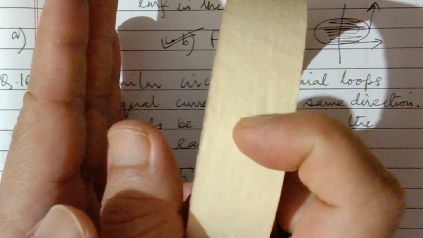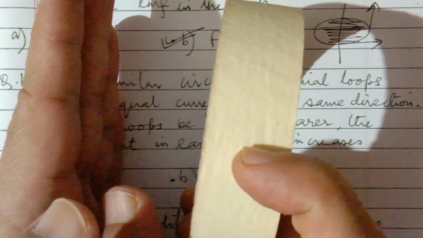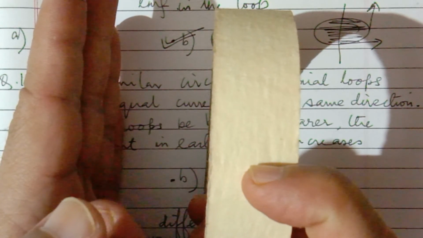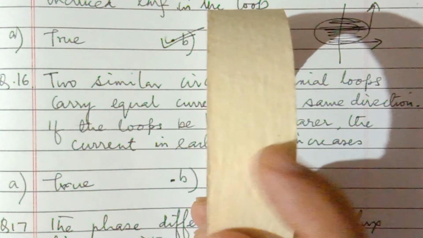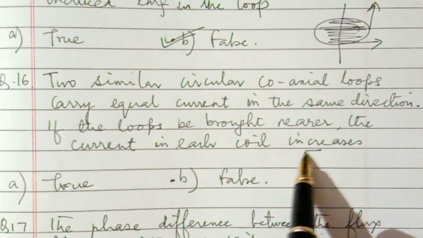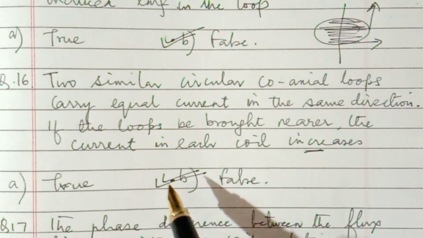That means it should have current in the anti-clockwise direction, so that's why they will cancel that, or the current will be reduced. So the current will not increase, but the current will decrease. So that's why it is false.